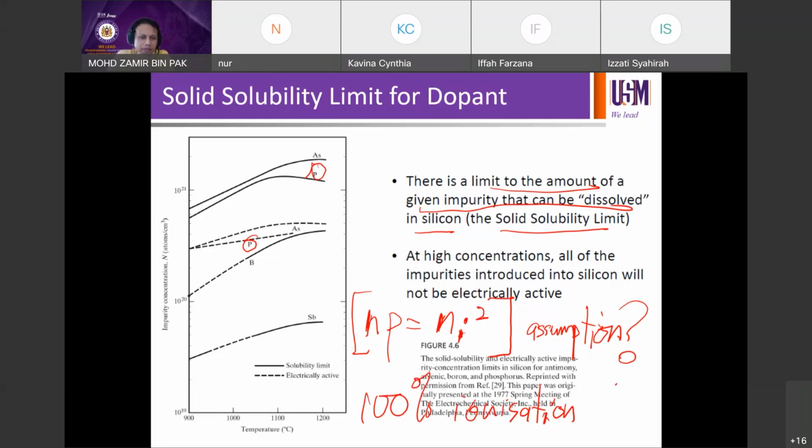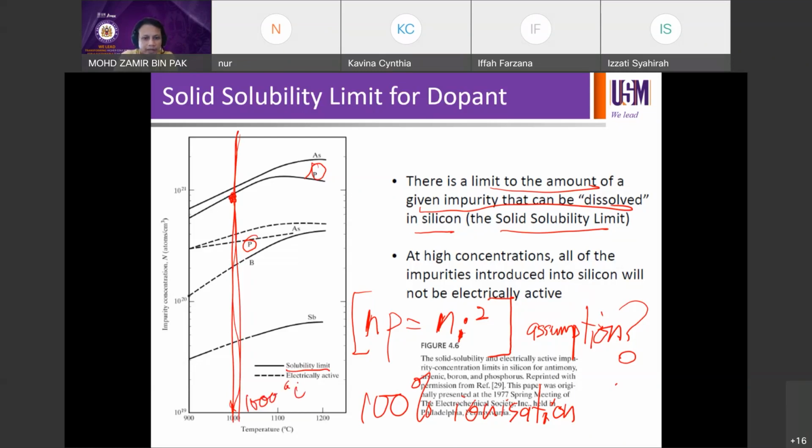For example, if you talk about phosphorus, the solubility limit of phosphorus at 1000 degrees Celsius in the silicon is around 8 times 10 to 20, perhaps.